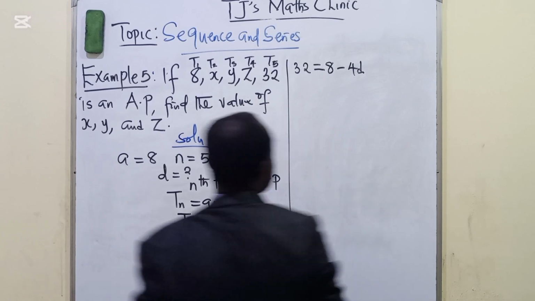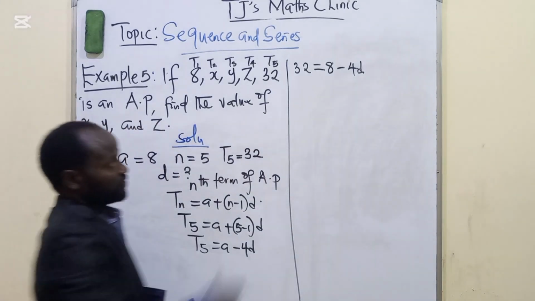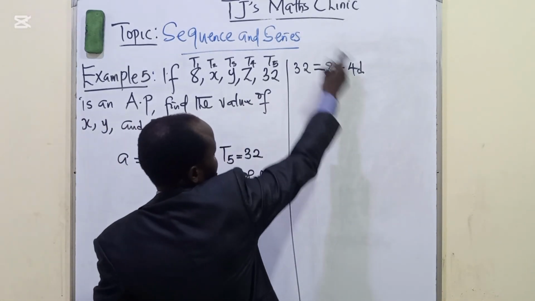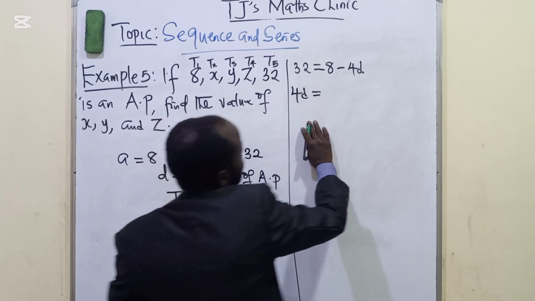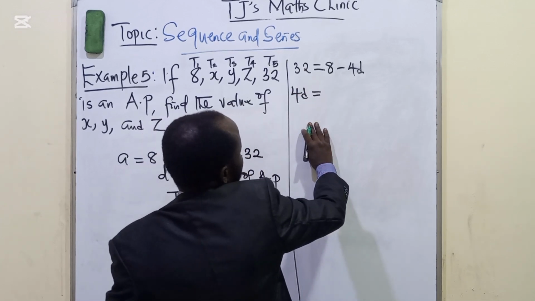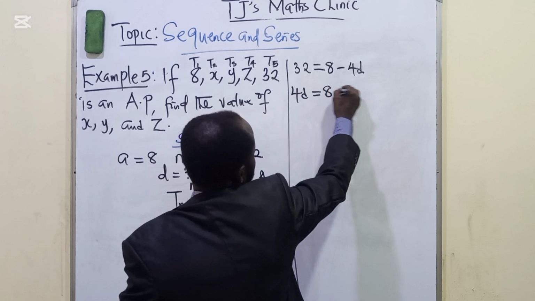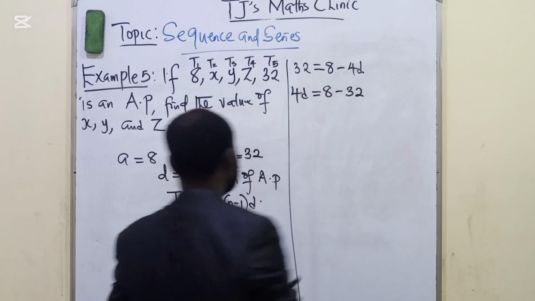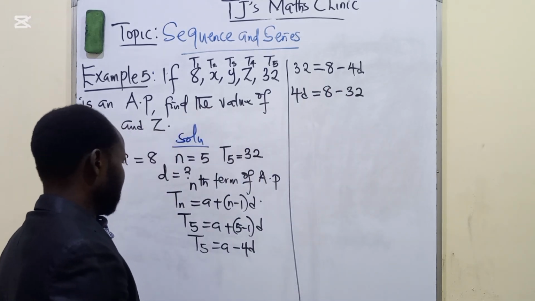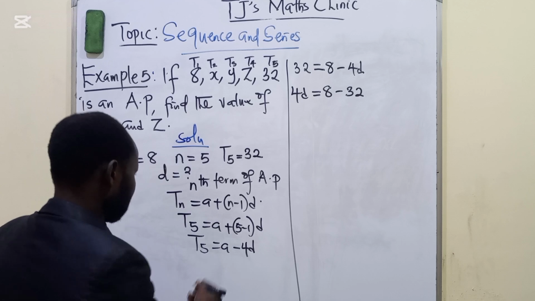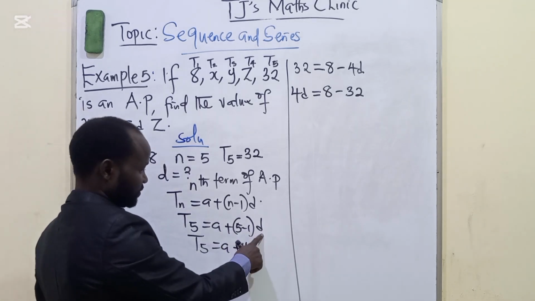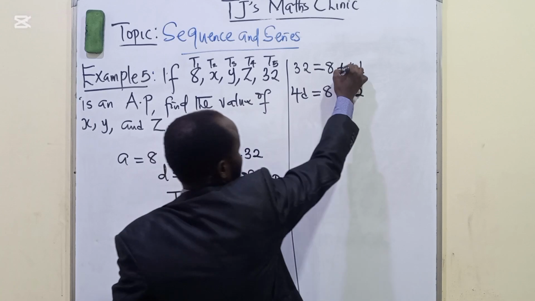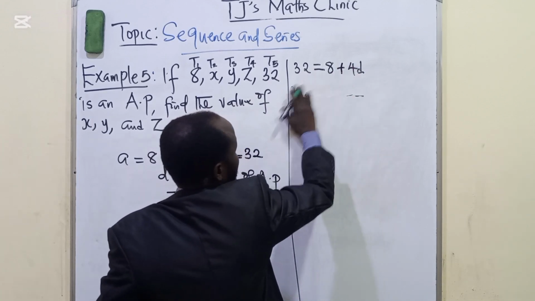Let's collect like terms. Sorry, here it is supposed to be plus, because 5 minus 1 is 4 times d, that's 4d. So here it is supposed to be plus 4d.